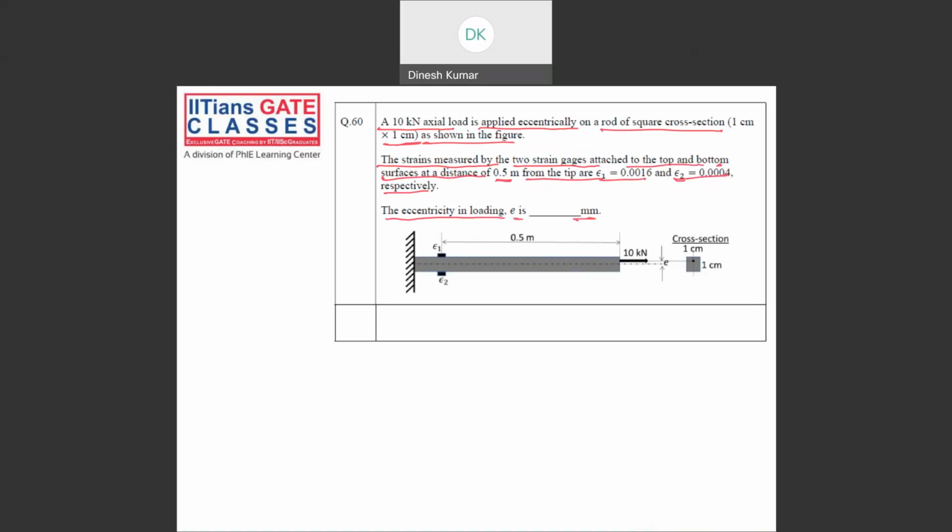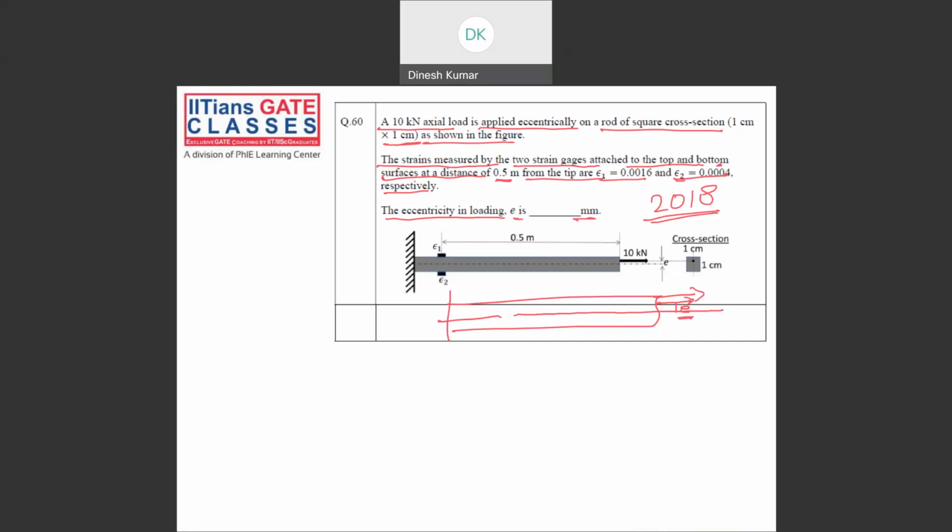So you can see this question is similar to one asked either in GATE 2018 or 2019, where they applied one load on the circumference. So here instead of circumference, the load is applied at some eccentricity. Let's see, somewhere here. So this E value is asked, but on what basis?